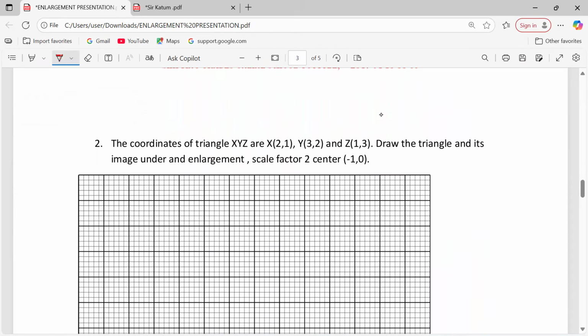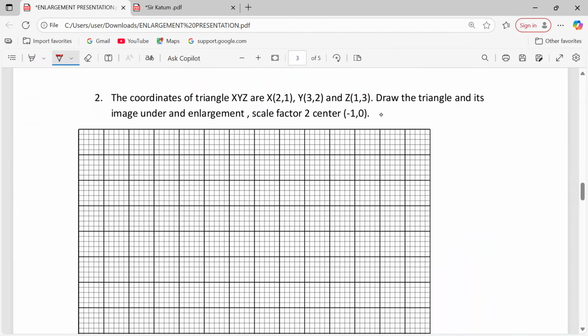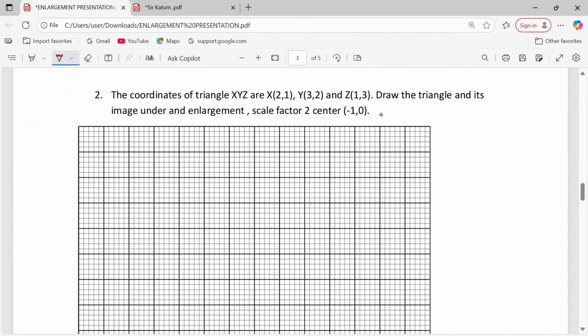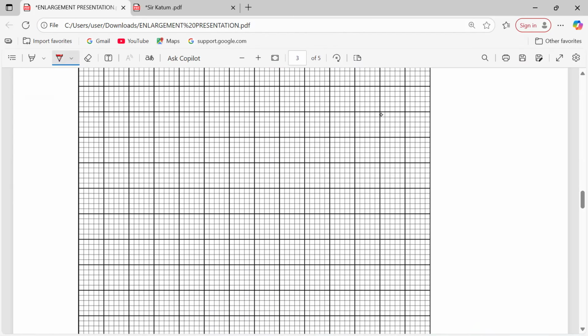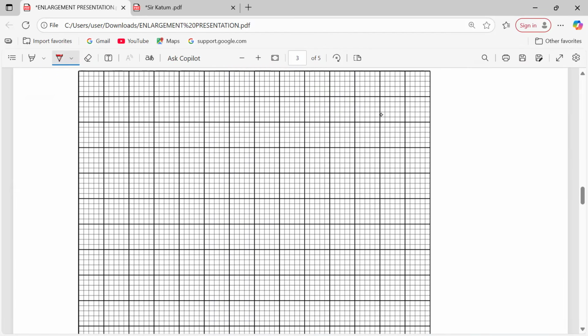We are already provided with the scale factor and the center of enlargement. They are both provided. So ours now is to establish where the image is going to be. Now, this one we're going to do very quickly.